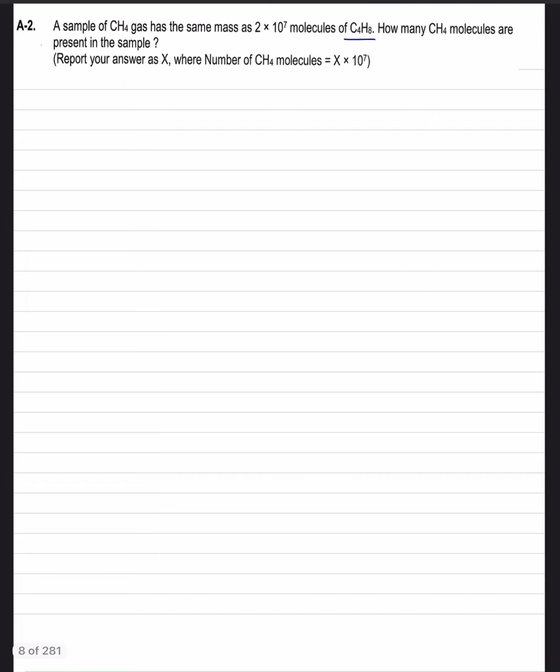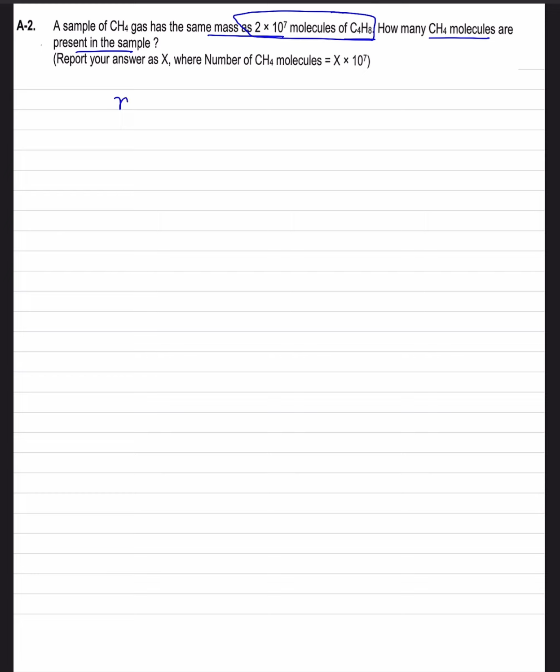Next question, A2. A sample of CH4 gas has the same mass as 2 into 10 power 7 molecules of C4H8. How many CH4 molecules are present in the sample? So this is your question. Let's solve. So first, from the molecules, can we get the moles?